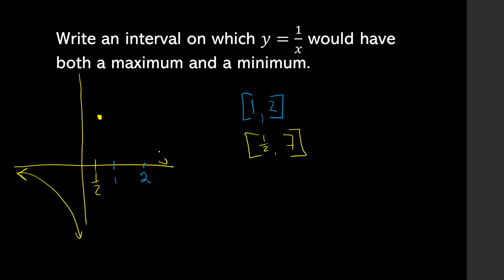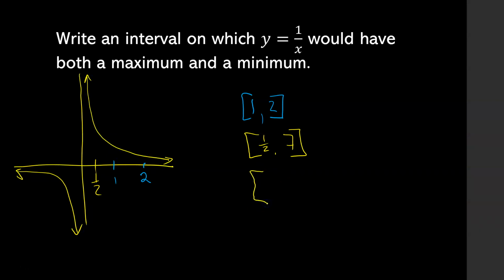What graph would we have then? Something like this. You got to ignore this piece off to the left. That part of 1 over x definitely has a maximum, which occurs at 1/2, and a minimum, which occurs at 7.